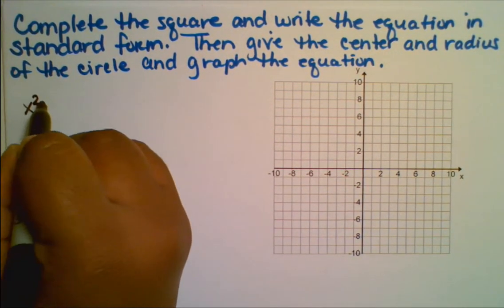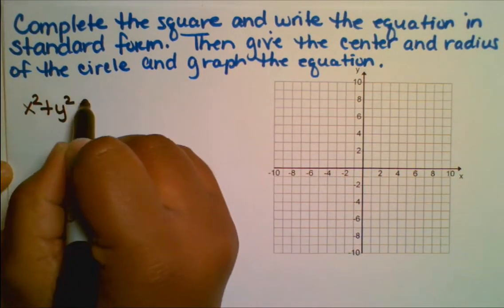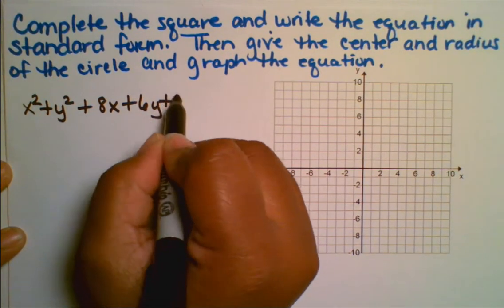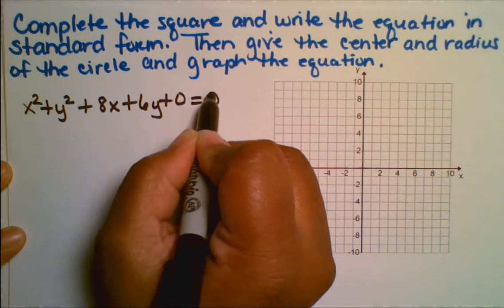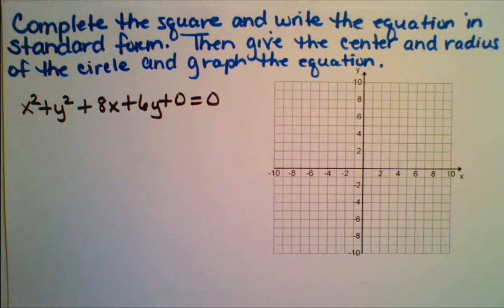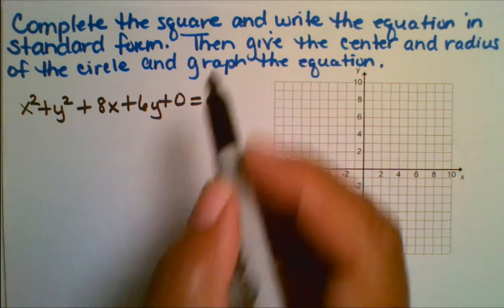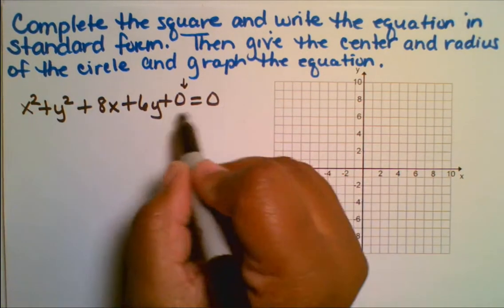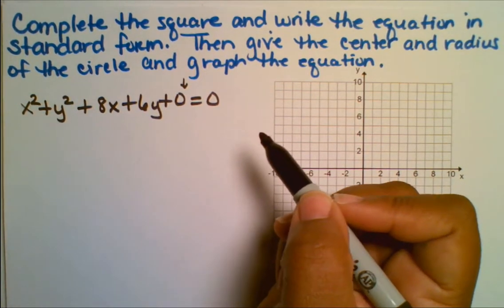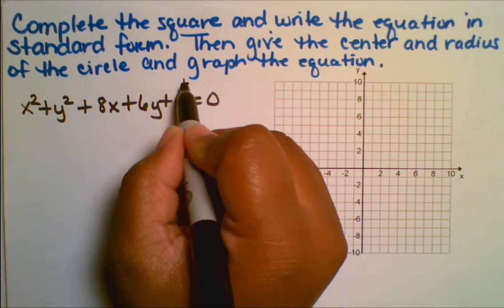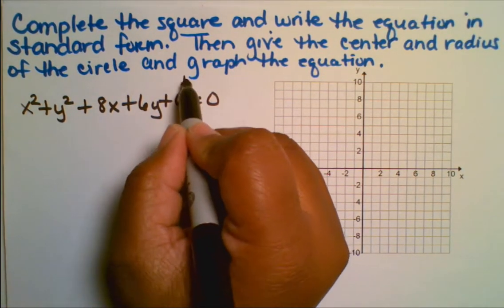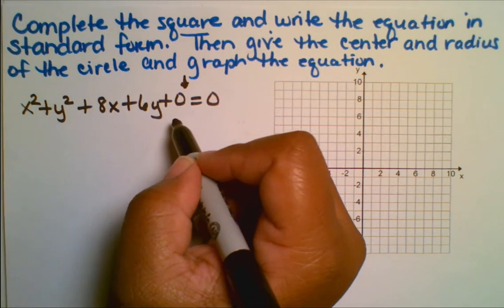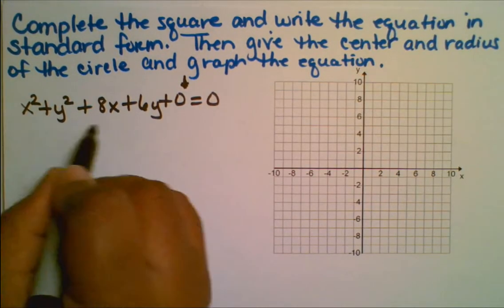is x squared plus y squared plus 8x plus 6y plus 0 equals 0. We want the constant term by itself. If we subtract 0 from both sides, it's still going to give us 0, but we'll do one later where the constant isn't 0. Next, we want to gather our like variables.